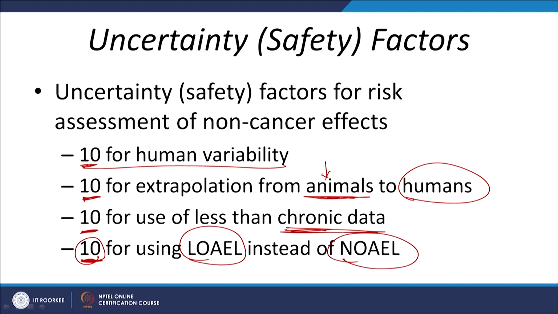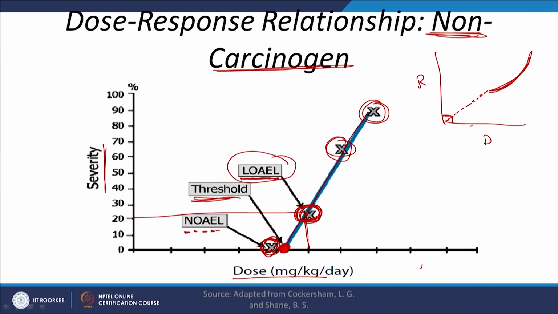If I use LOAEL, it means I do not have this data point below it, and this would have been my LOAEL. So it's always better to have data on NOAEL rather than LOAEL, because depending upon the limitations of your particular study, your LOAEL could be pretty high.